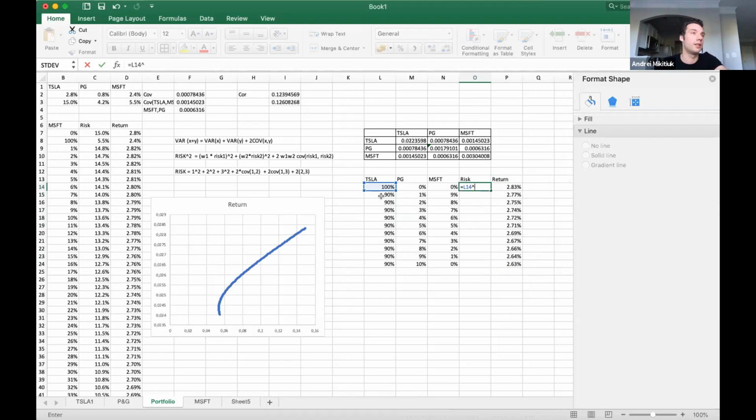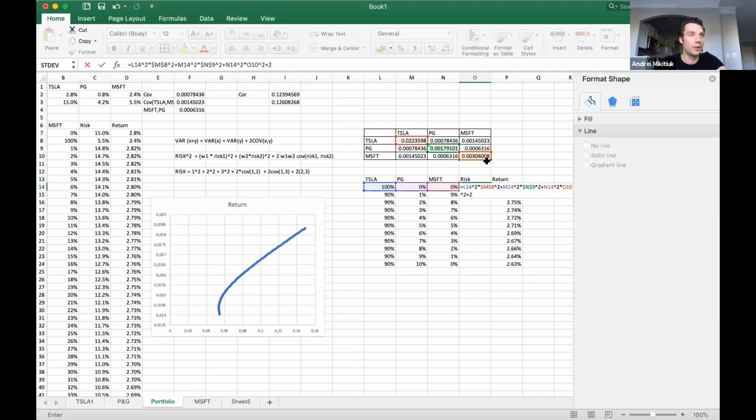Tesla weight squared times Tesla variance squared, plus Procter & Gamble weight squared times Procter & Gamble variance also squared, plus Microsoft weight squared times Microsoft variance squared. Almost there.